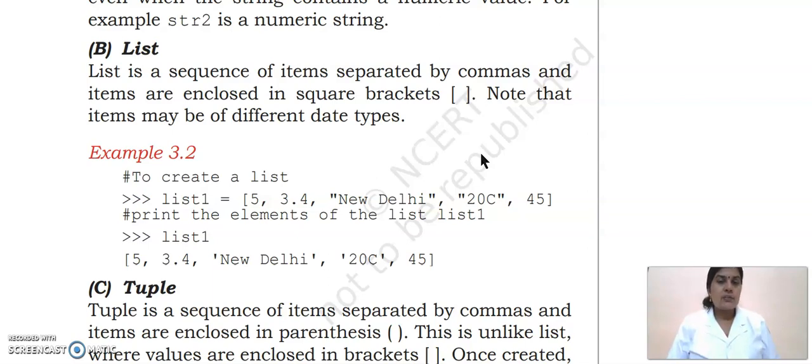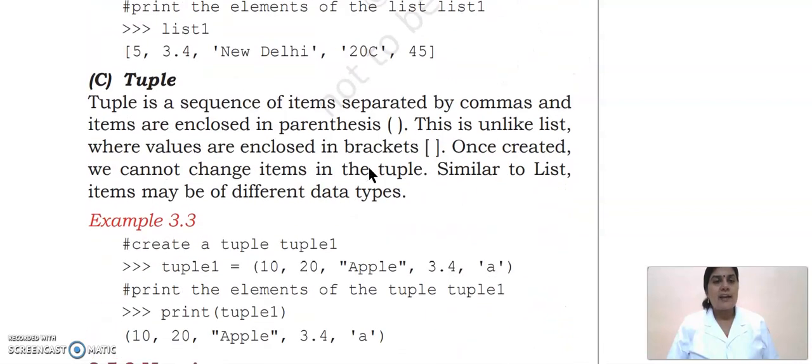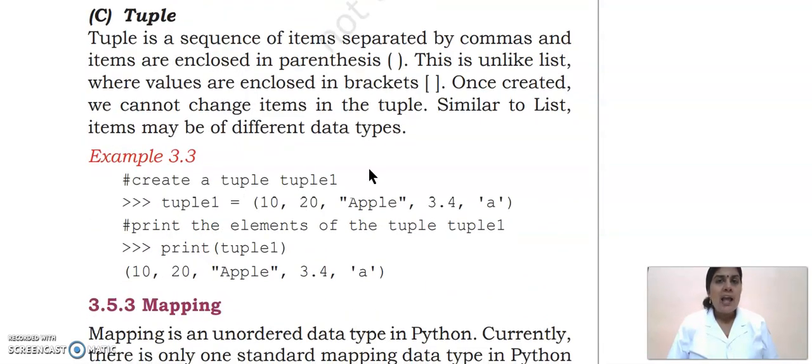In a list we use square brackets. For example, this is a list: 53.4, New Delhi, 20C45. It is enclosed in square brackets. If you print list 1, then the output will be like this. So a list is a sequence of items separated by commas and enclosed in square brackets.